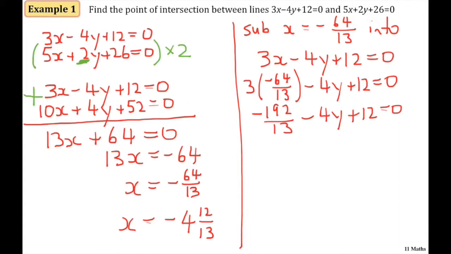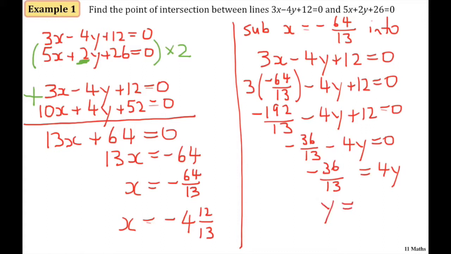The minus 192 over 13 has to be added to 12, and that will give me minus 36 over 13. Minus 4y equals 0. Move the 4y over to the other side. If I divide both sides by 4, that will give me my answer for y, and I will get y equals minus 9 over 13.